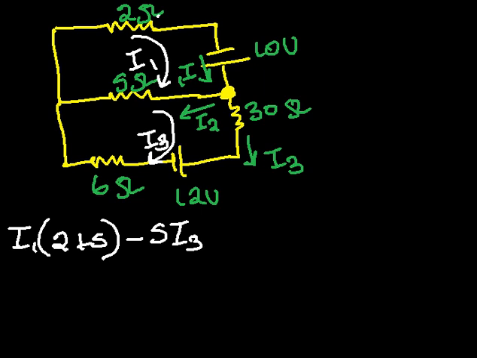Now we are looking at the current flowing on the 5 ohm resistor from the other loop, not I2, but from the other loop, which is I3. We are done. Then, is equal to, do we have a source of voltage in that particular loop?